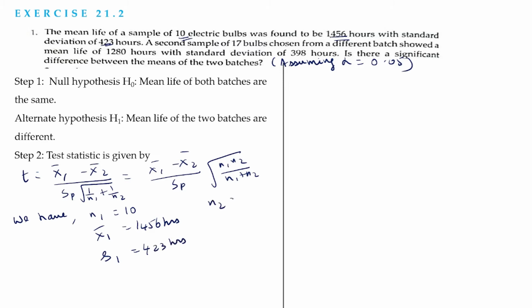Then n2 is 17, it is given. Then x2 bar is 1280 hours and the standard deviation is 398 hours.